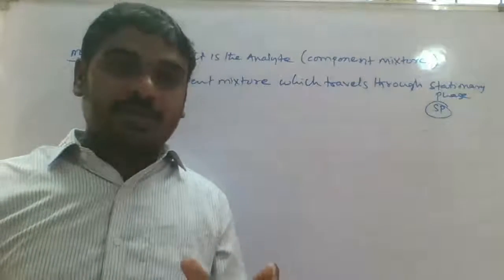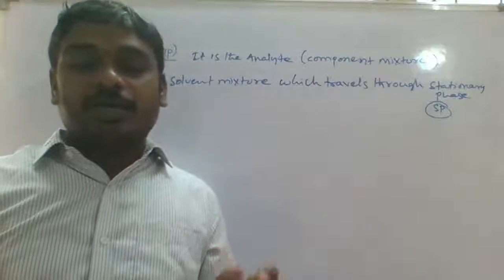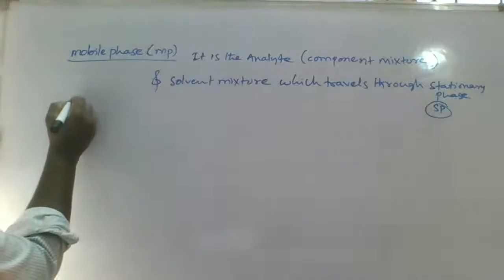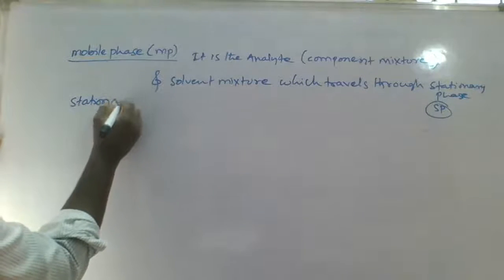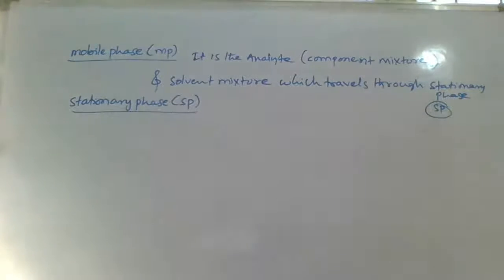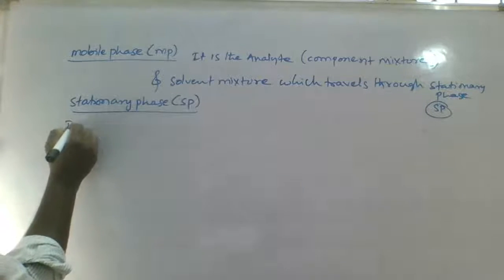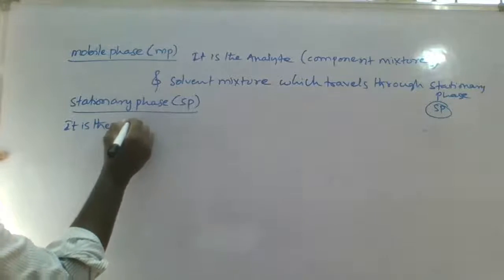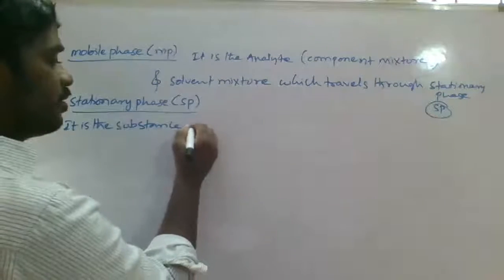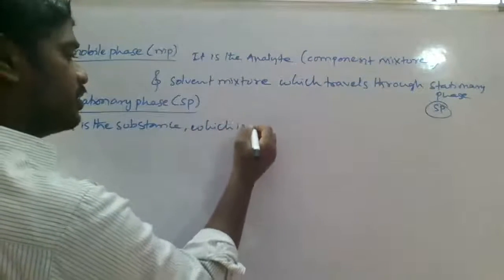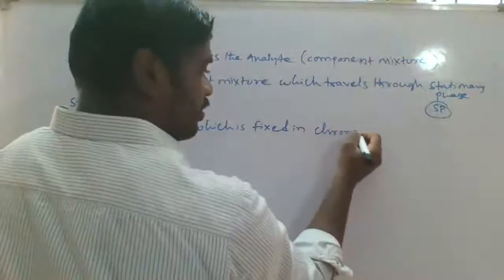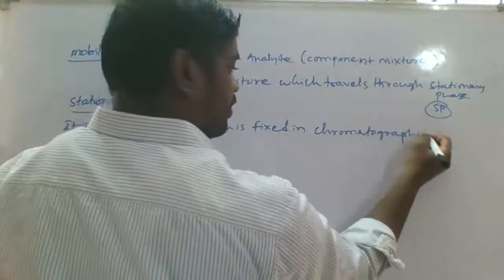The stationary phase, SP, is a fixed one in the chromatographic procedure, and the solvent and analyte mixture travels through it.